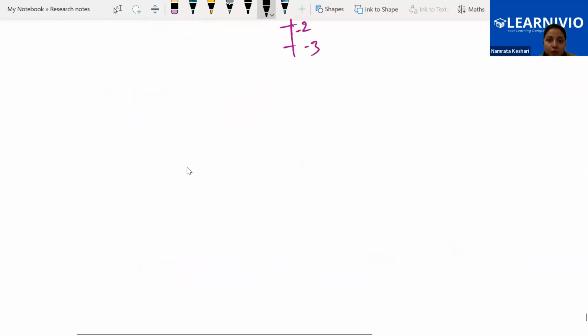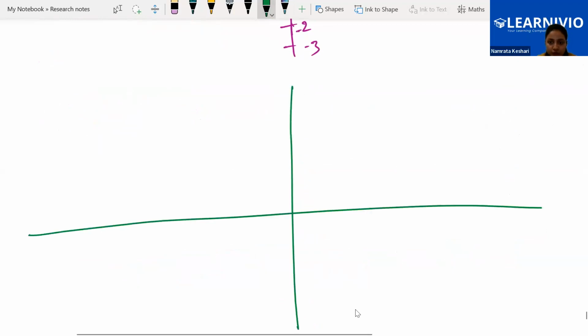Now I am giving a few points, and quickly let me know the coordinates of the points which I am going to plot. We understood how to locate the point and how to identify it, but let's solve a few questions to be clear.